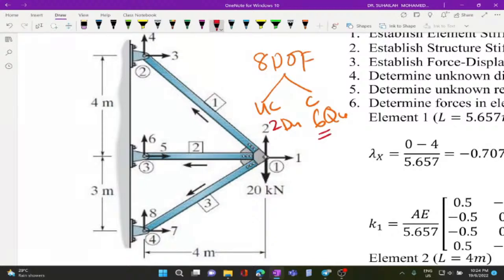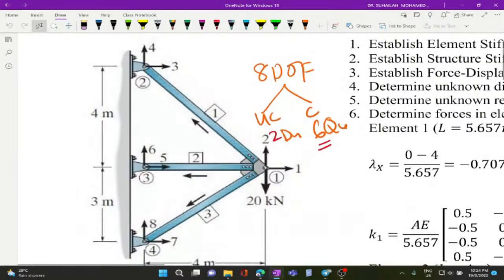So in total there are 8 degrees of freedom. 1 and 2 are the unconstrained system, no support. And then 3, 4, 5, 6, 7, 8 belong to the constrained system.